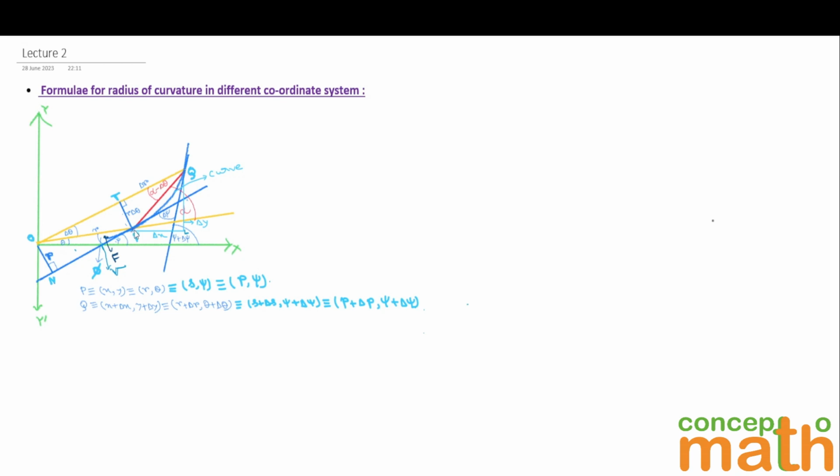We also further draw perpendicular PT to the radius vector of Q, OQ, and assume that the angle between the radius vector at P and the tangent at P is phi, while the line joining PQ makes angle alpha with the extended radius vector at P. So with this assumption, let us start our discussion.